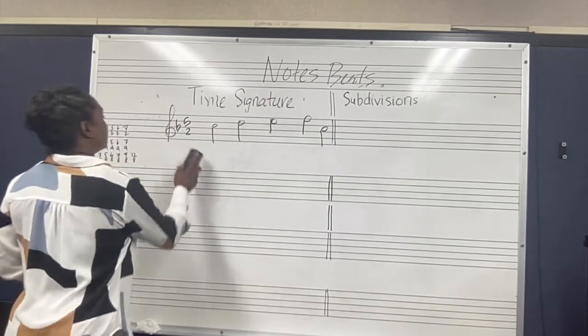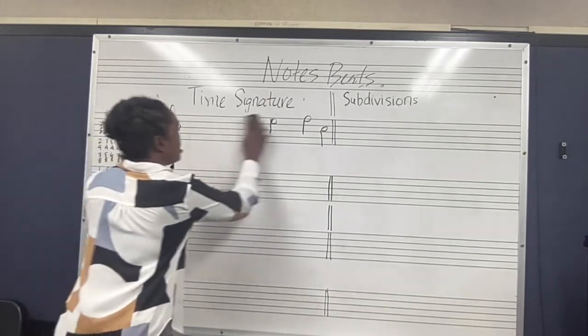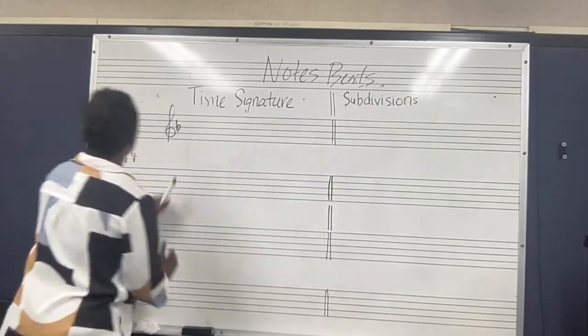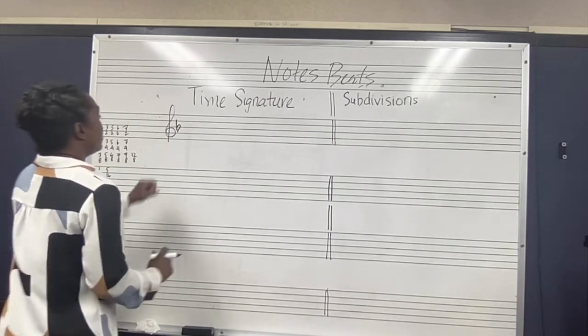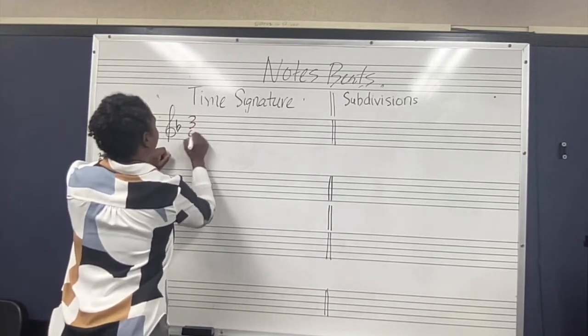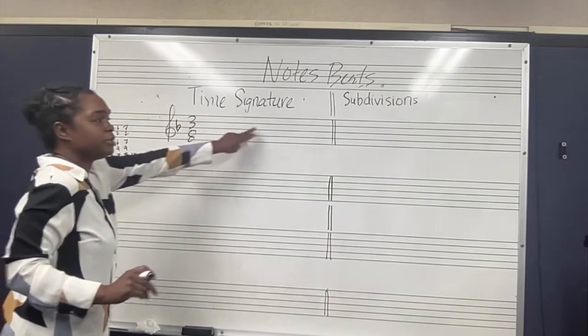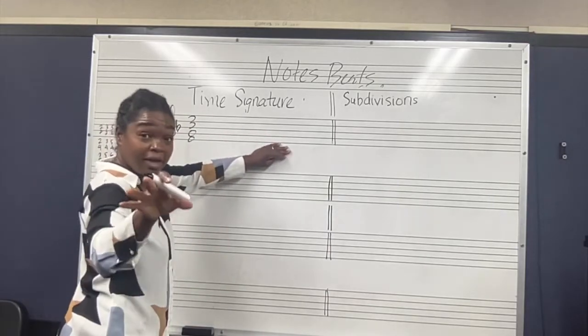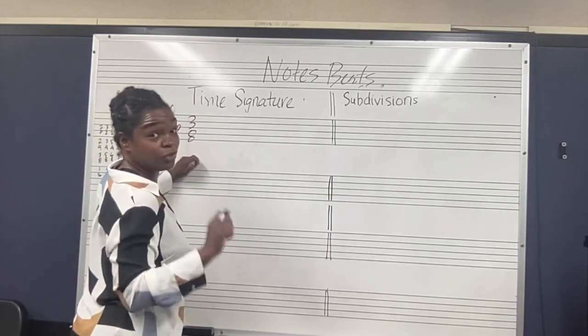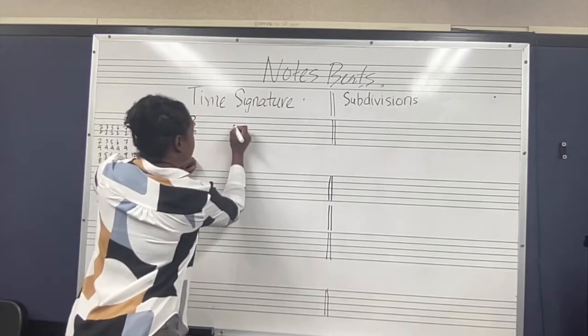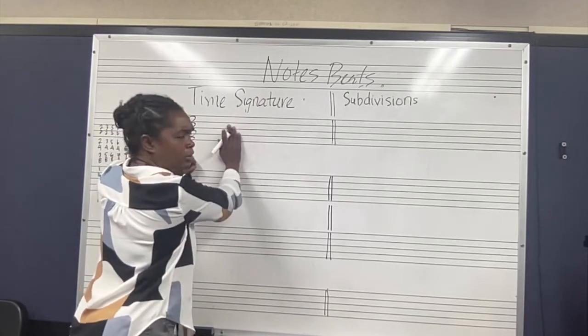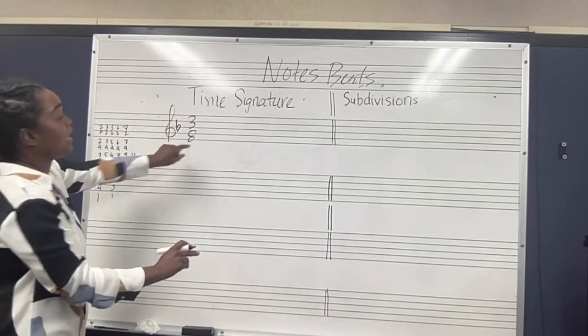Let's do another one. Just mixing it up a little bit. Stay with me, guys. Just focus. Now, what if we were to do 3/8? How many beats would be in this measure? Yes, I heard you. If you said 3, then it would be correct. But 3 what? 3 eighth notes.